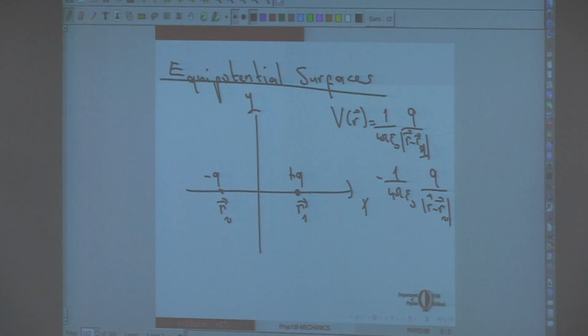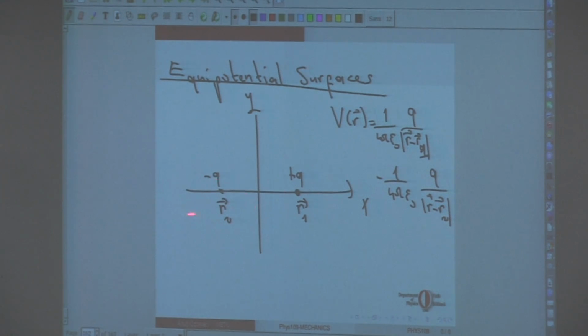Now again, how did we obtain this? We have a plus Q charge, so the contribution of the potential at an arbitrary point R of this plus Q charge is 1 over 4 pi epsilon 0, Q over distance of that observation point from this positive charge, and then we have this minus Q charge.